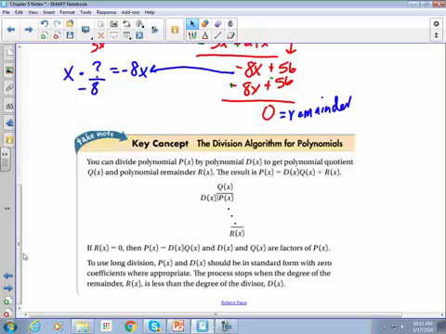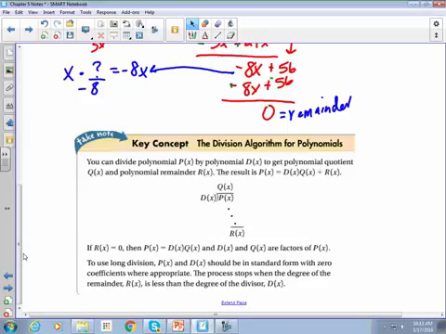The result is p of x, your polynomial, and you guys were doing this already, so yay for you, is d of x times q of x plus the remainder r of x. If r of x equals 0, then your polynomial p of x is equal to d of x times q of x, and d and q are factors of p of x.